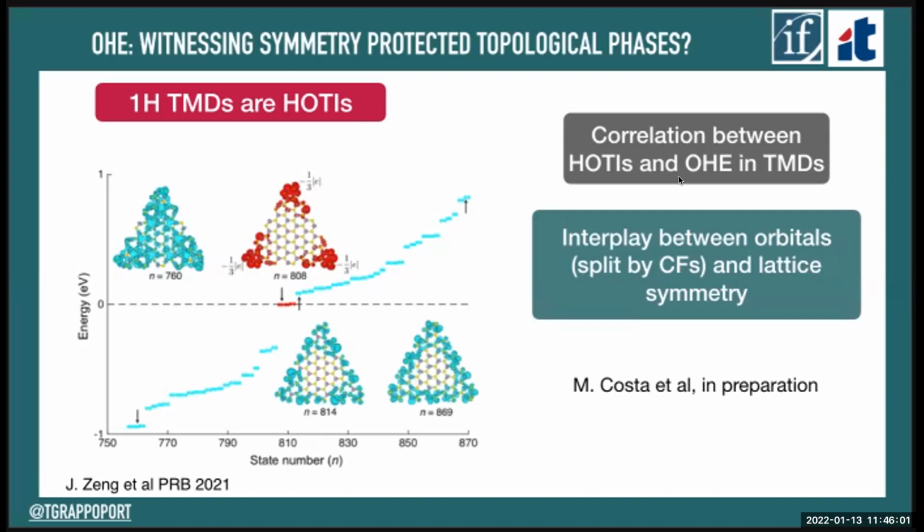So the moment you have these corner states, you have a higher-order topological insulator, you also have an orbital Hall effect plateau. This is a work that's in preparation.